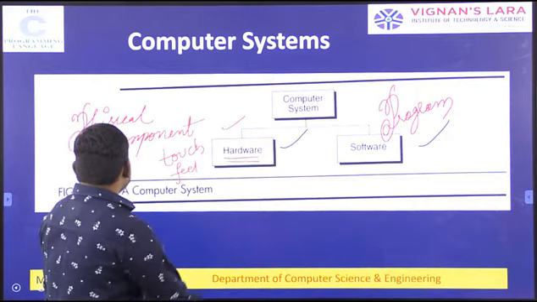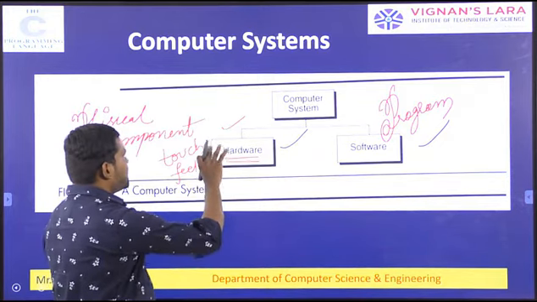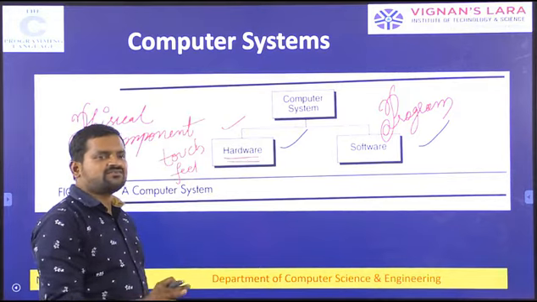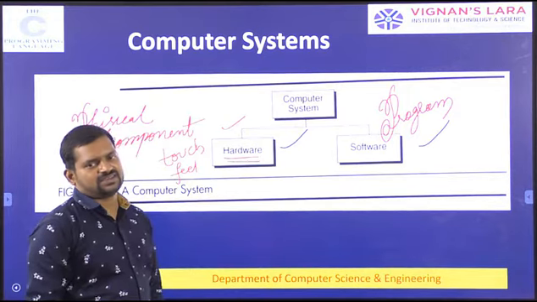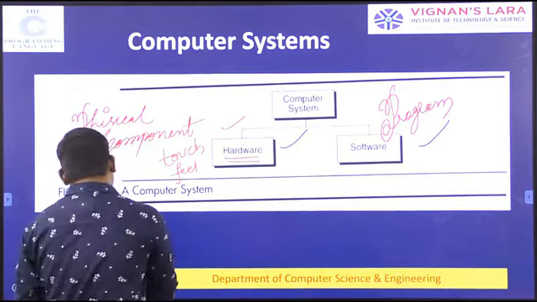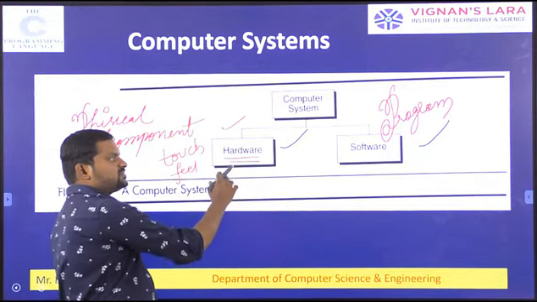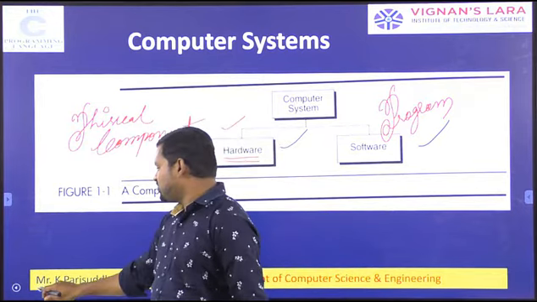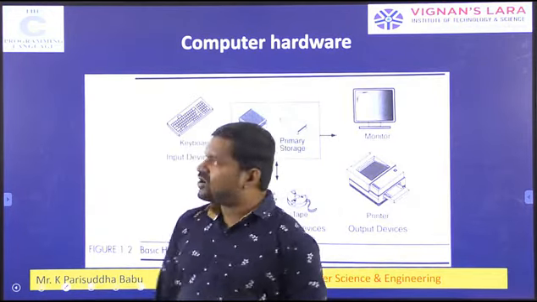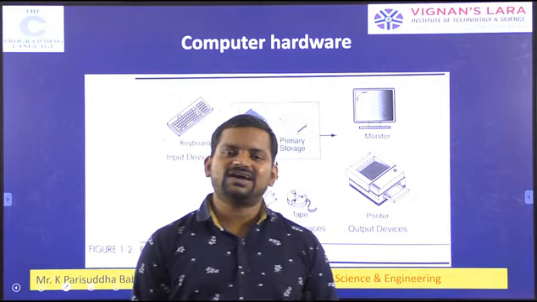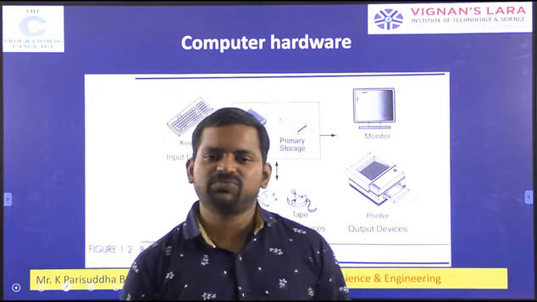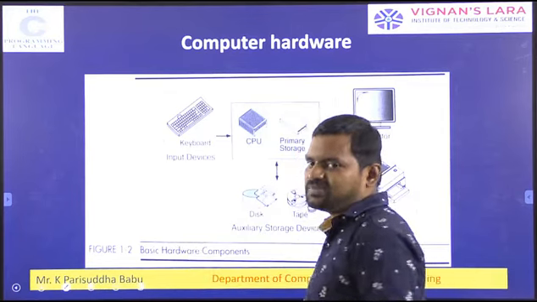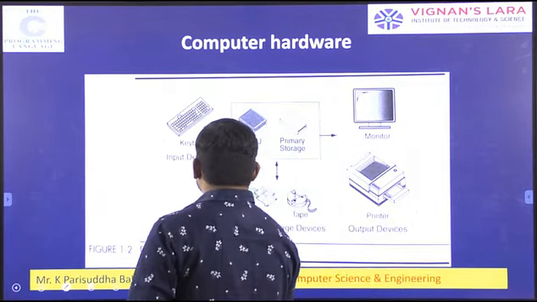So a computer system is a system which consists of hardware and software. Hardware is a physical component and software is a program. Now let us move to computer hardware. What kind of hardware is related to computers? Now we have to list the hardware parts in a computer system.